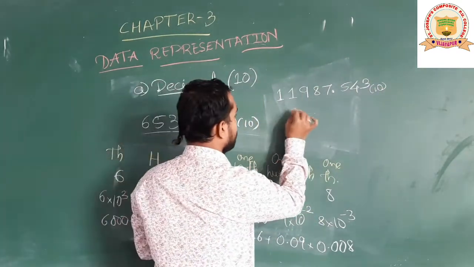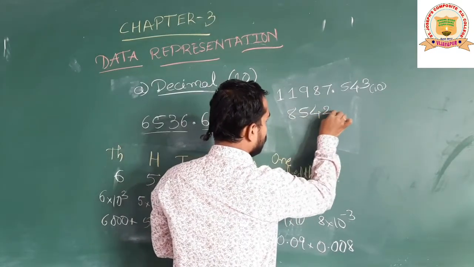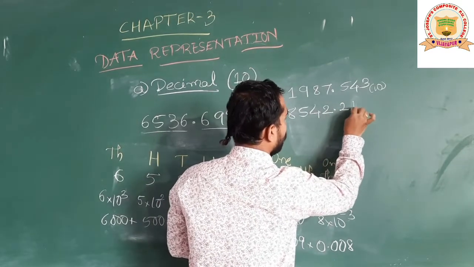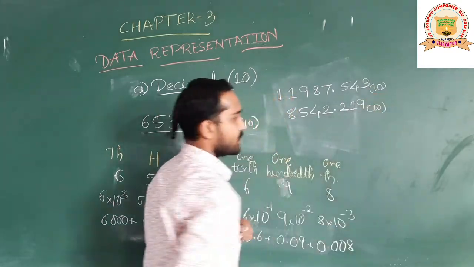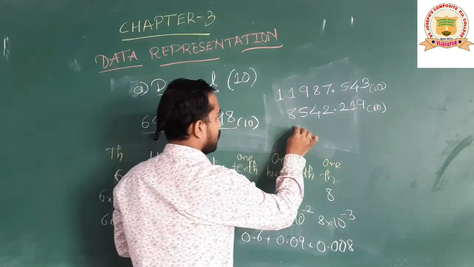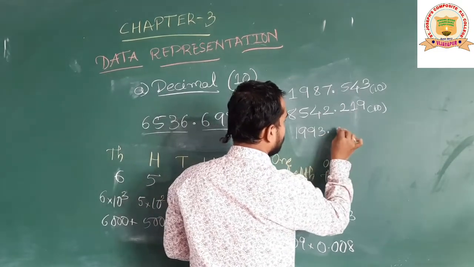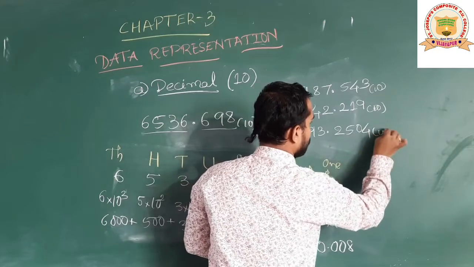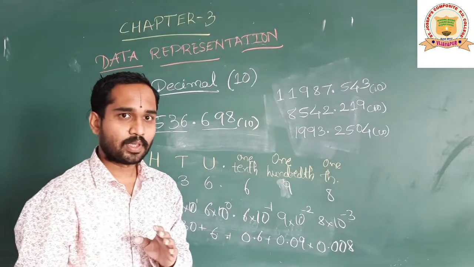Another number, 8,542.219. This also has 10 as the base. Then 1993.2504. This also has 10 as the base. Will you try this at home?